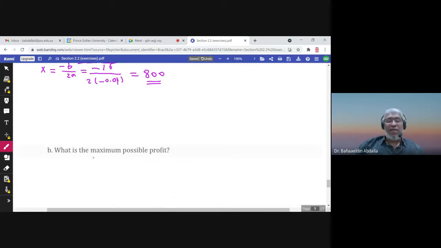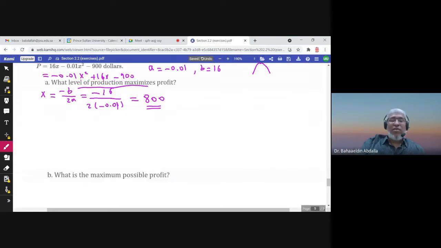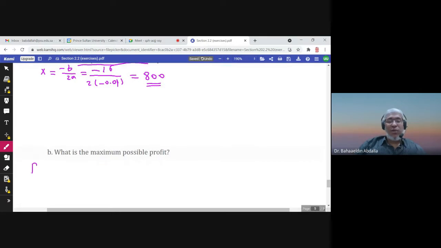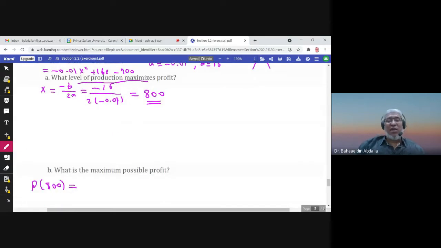What is the maximum profit? Well, to find the maximum profit, it is P of 800. So we replace x by 800. So it would be negative 0.01 times 800 squared plus 16 times 800, minus 900.